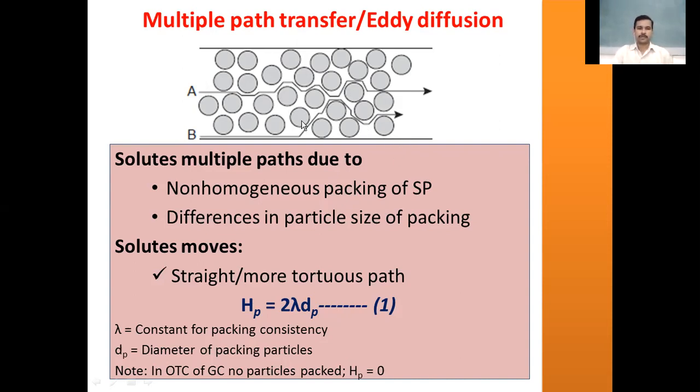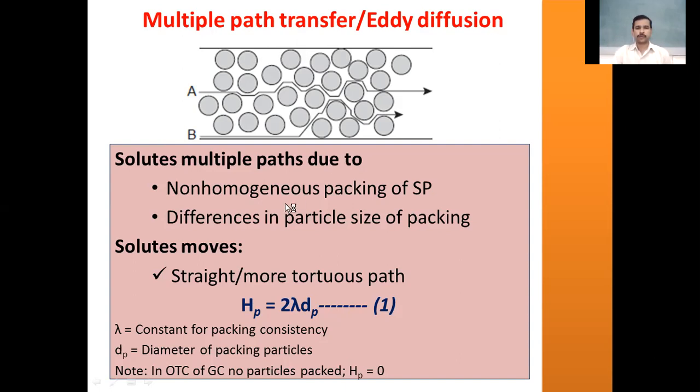You have stationary phase particles which have been filled into the chromatographic column, and those particles may not be homogeneous in particle size. So the difference in particle size of the packing material becomes responsible. If you assume this particle is smaller in size than this one, and similarly this one is larger than this, and so on throughout the column, or if non-homogeneous packing is seen while filling the stationary phase into the column, then also we can expect this multiple path transfer.